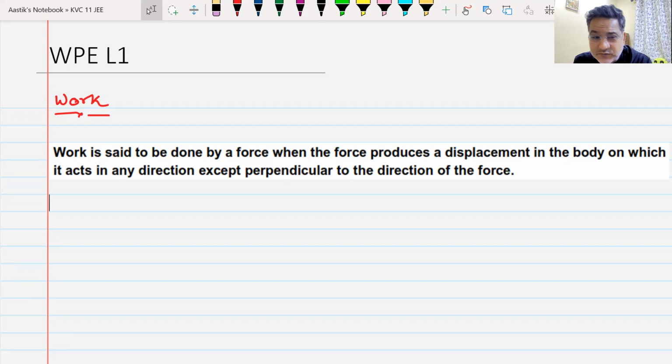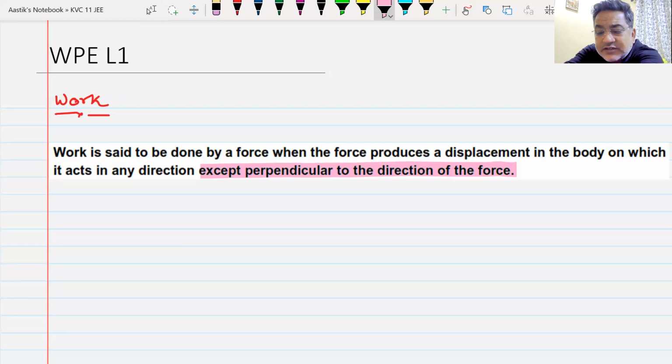Displacement has to be there, in any direction except perpendicular to the direction of force, because if the displacement is perpendicular to the force, it is not considered as work done in physics.